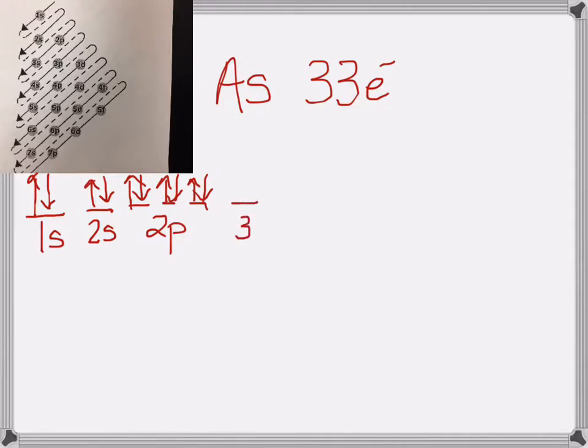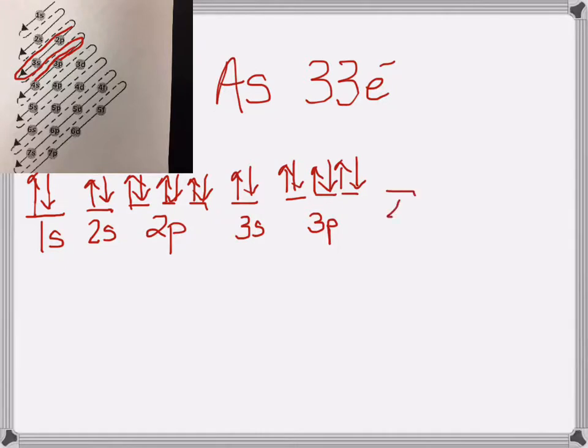The next one that we go to is 3s. Then after 3s, it says to go to 3p. And I need all of those electrons too. Now I'm up to 18 electrons if you're keeping track with that.